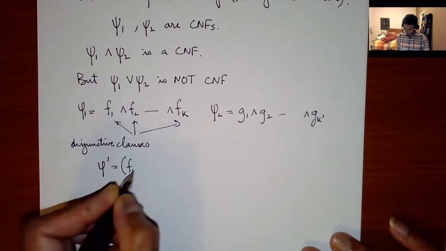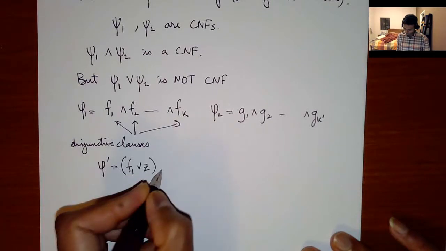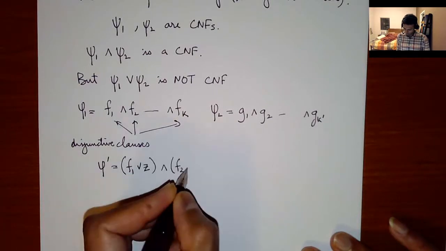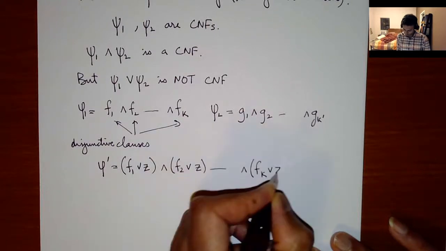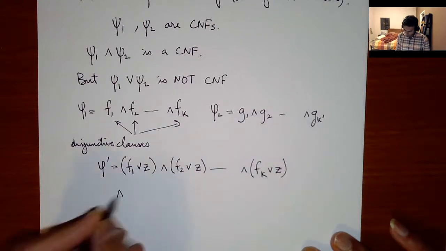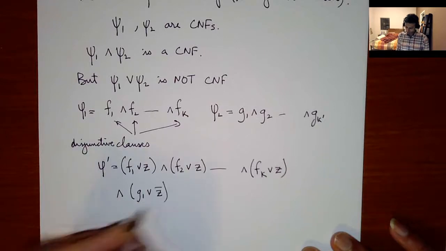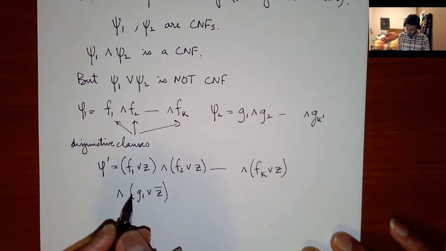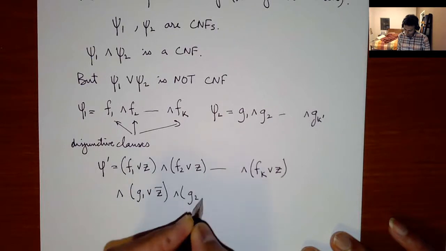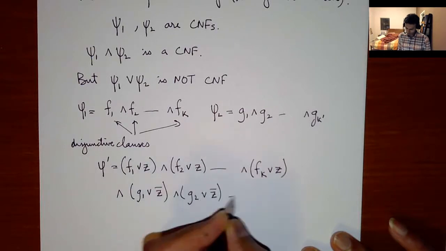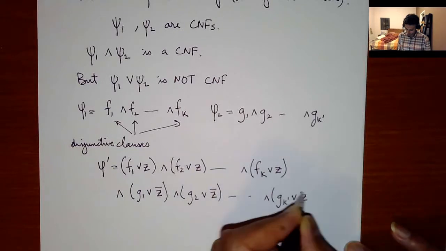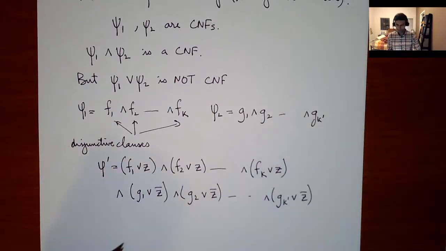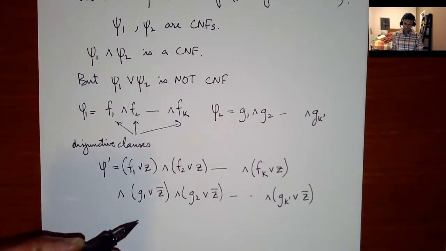It's going to say F1 or Z and F2 or Z, and so on up to Fk and Z, and G1 or not Z, G2 or not Z, and Gk prime or not Z. So I have Z, and then I have the negation of Z.